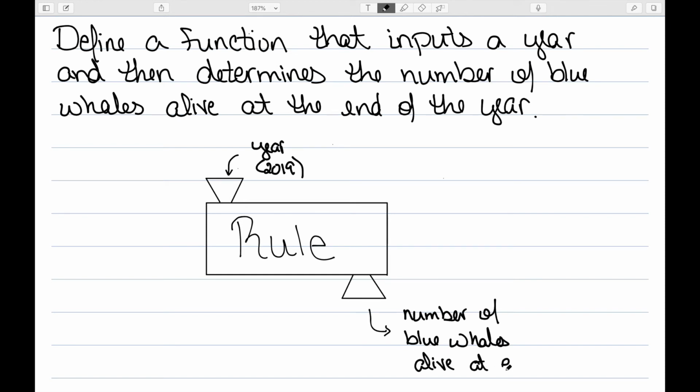So this would be a function since for every year that I input, there's going to be one number that describes the number of blue whales alive at the end of the year. I wouldn't be able to input a year and get two possible numbers.